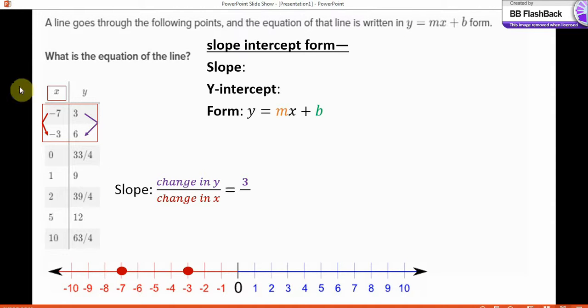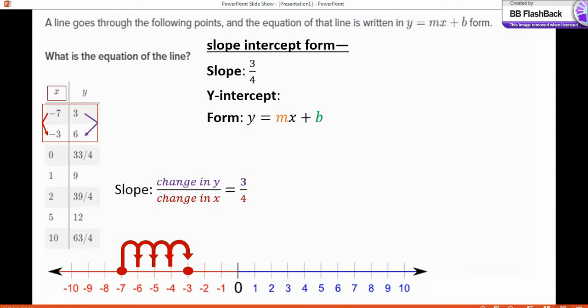Now, I could have picked any points on this line. It didn't matter. I just picked these top 2 because they're whole numbers, but I could have picked any 2. So let's go from -7 to -3. 1, 2, 3, 4. 4 forward swoops, so positive 4 is my change in x. My slope, therefore, is 3 over 4.